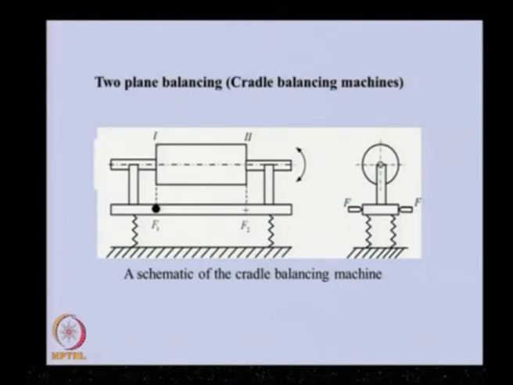So, these are balancing planes 1 and 2 for this rotor, and just below that we have provision to fulcrum this whole frame at this point or this point. If we are fulcruming at this point, you can see that we will be having motion.